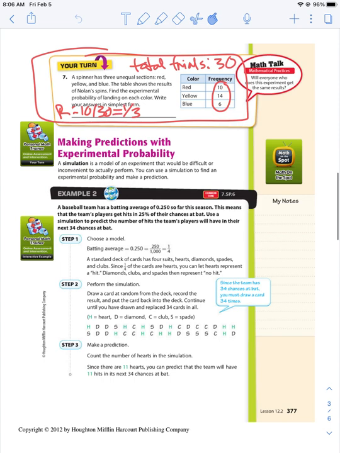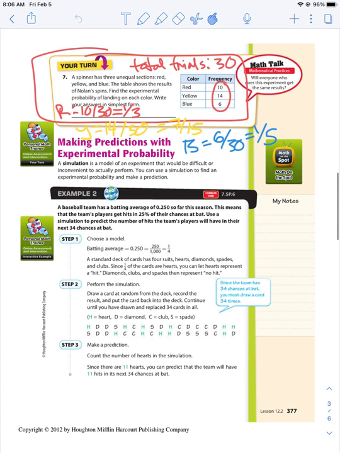That was an equal sign. The probability of spinning a yellow was 14 over 30, or 7/15. And the probability of spinning a blue was 6 over 30, or 1/5.